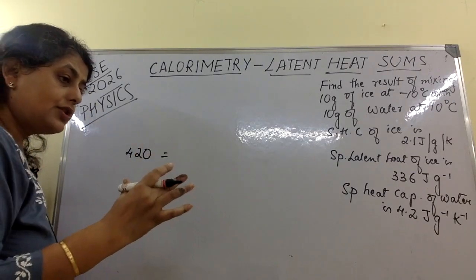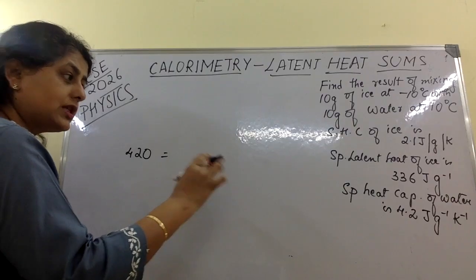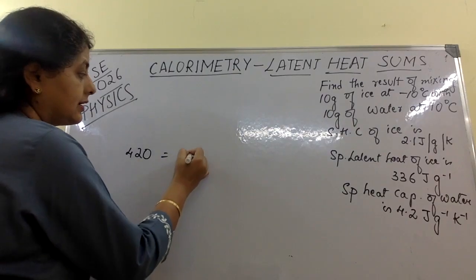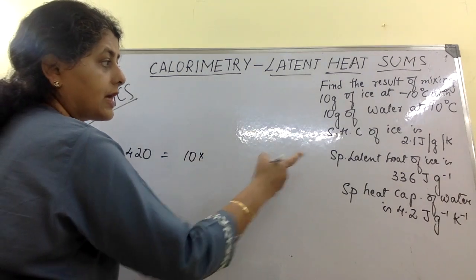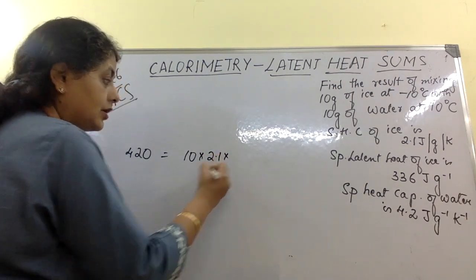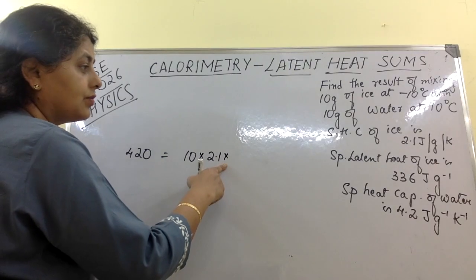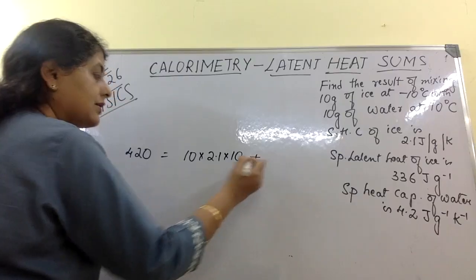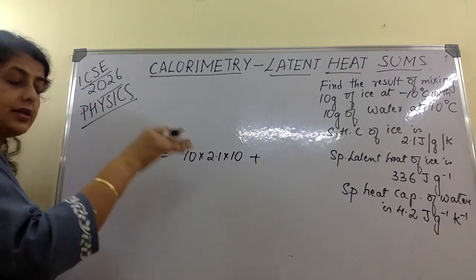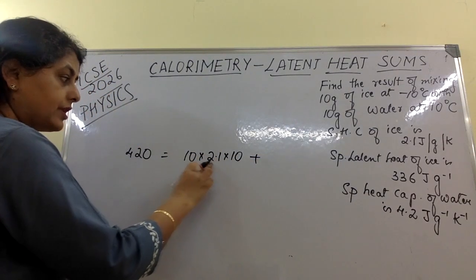The entire chunk of ice to go to 0 degree will take the 10 gram m, c is the specific heat capacity of ice, 2.1, into 10. That is from minus 10 it has come to 0, the difference in temperature.